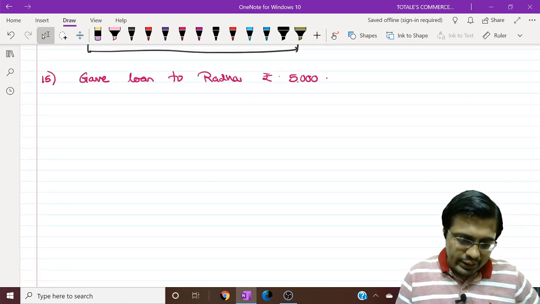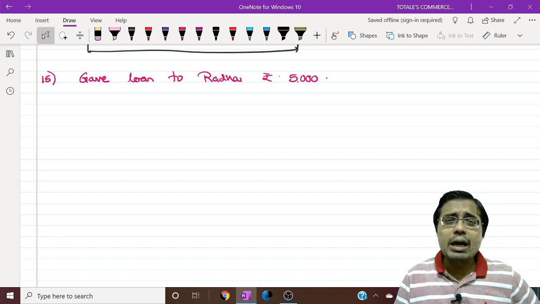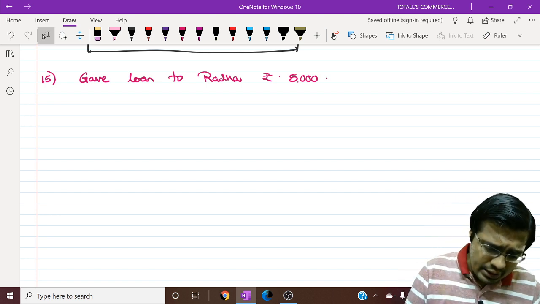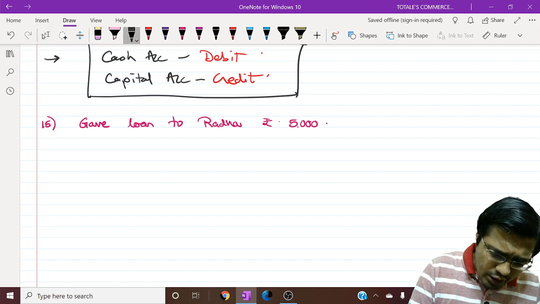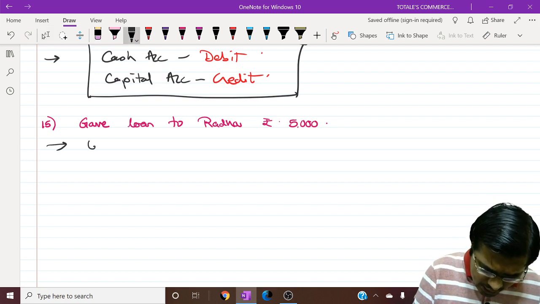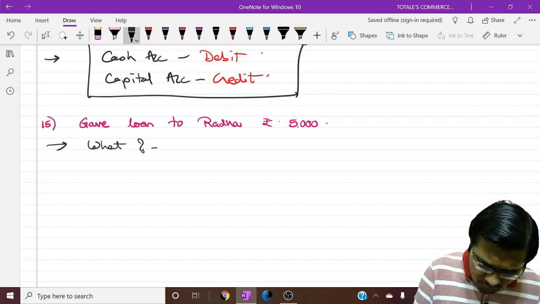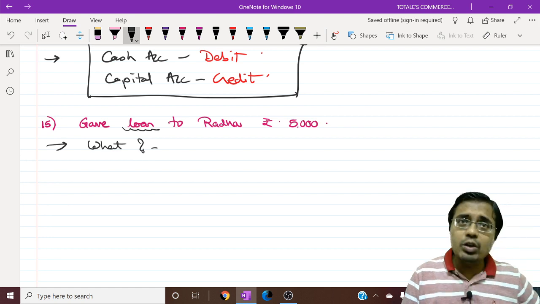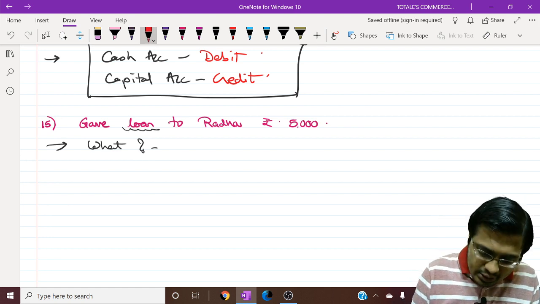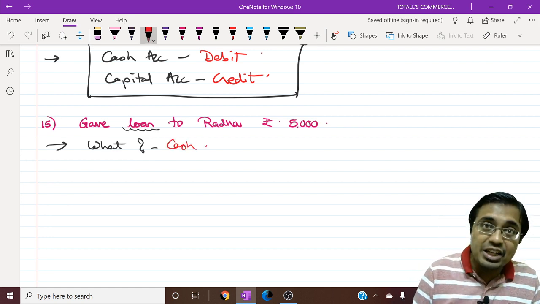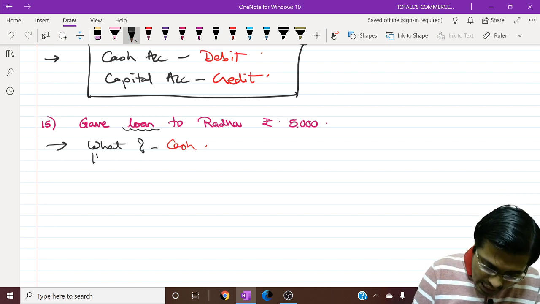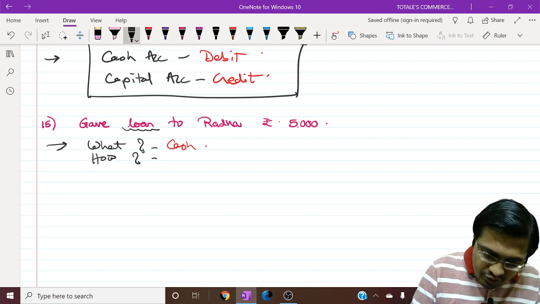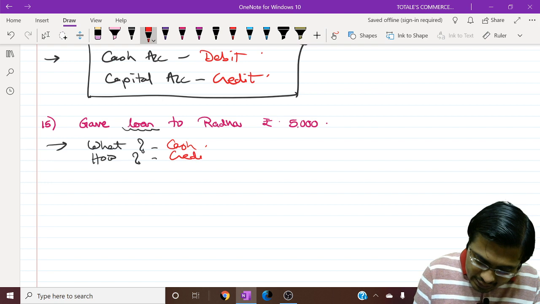To the next transaction. Okay, let's look into the transaction. Gave loan to Radha. What are we giving to Radha? Loan is given in what form? So when you give someone a loan, what do you give? Either cash or check. Nothing is told, so we are going to assume it as cash. How? A loan is obviously a credit transaction.